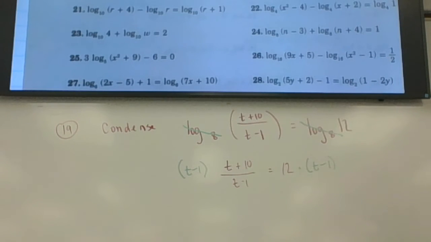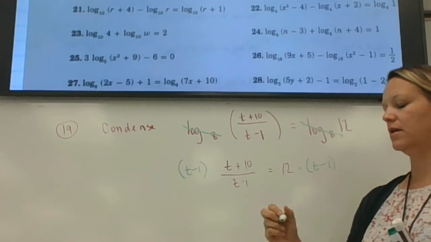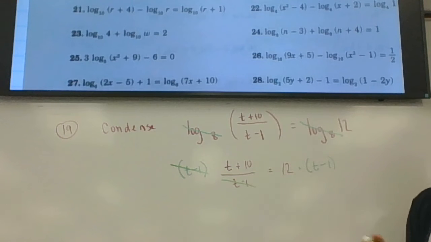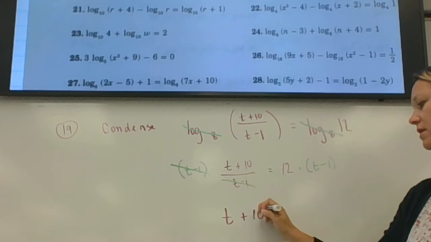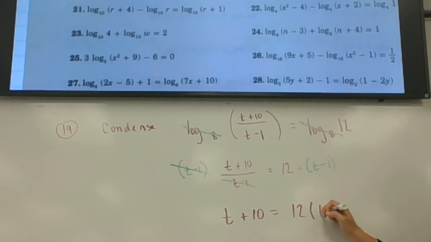So on Khan Academy, I heard a couple of people asking me about that. There's a lot on Khan Academy right now. If you got lower than a 60 on your quiz and you want to do some Khan Academy to bring your grade up: if you got lower than a 10%, you should do all of the Khan Academy.